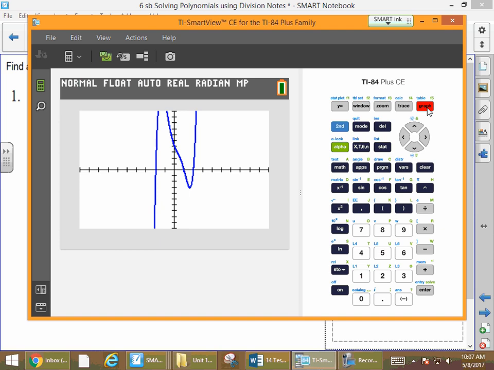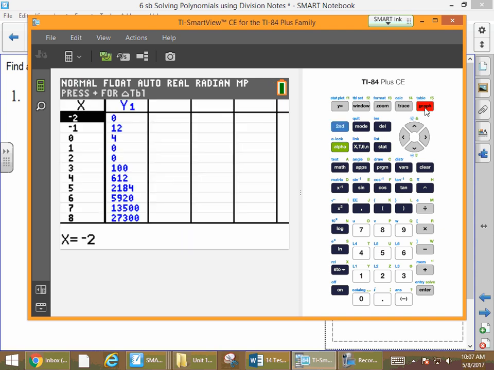And hopefully some of you are nodding yes. But as we look even a little bit closer here, if you can't tell on the picture, I can see that (-2, 0) is a root, (1, 0) is a root, and (2, 0) is a root. They're oftentimes called zeros of the function because the y value is always 0.